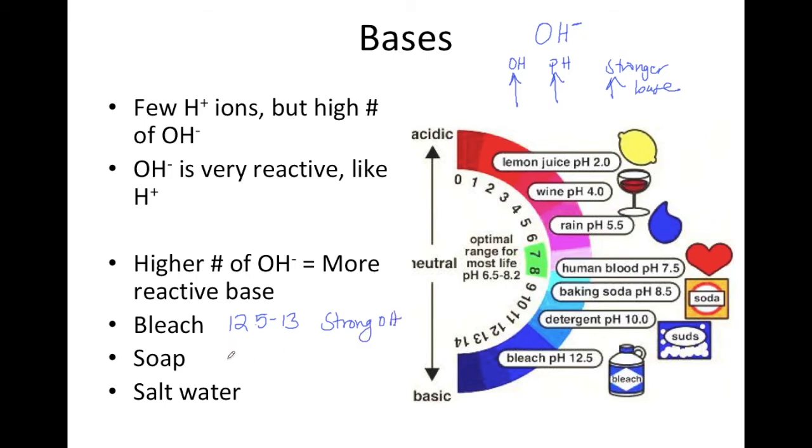Soap is a pretty weak base. Usually it's around like 8 to 9. So this is like a weaker base. And salt water is also considered to be a weak base. So it has a pH of around 8.